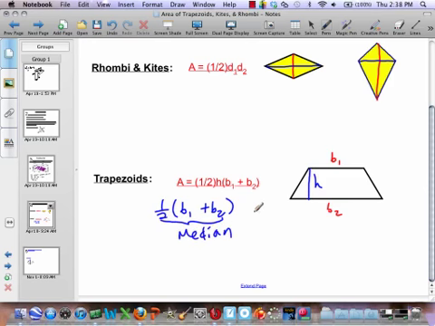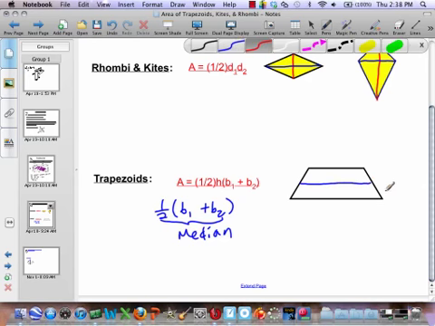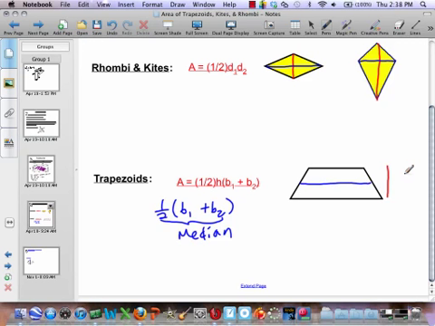So on our video quiz, I asked you, if you knew what the length of the median was, and then you knew what the height was, would you be able to find the area? Yes. Okay, so the length of the median is actually embedded within the formula. If you have the median, it's okay, but if you don't, you've got it either way.